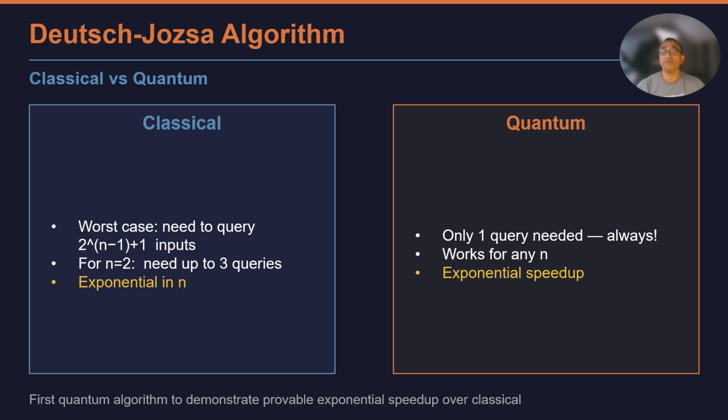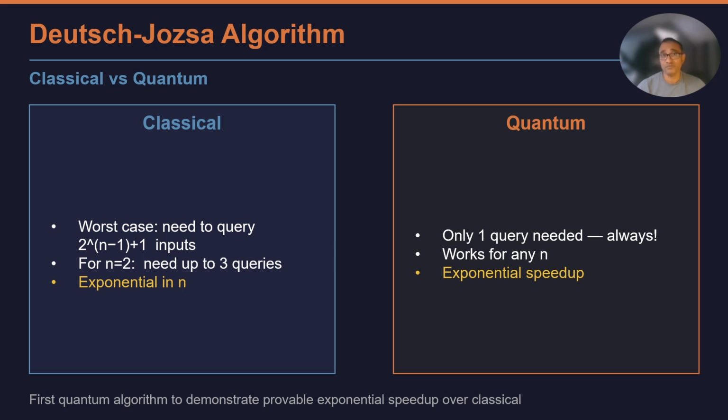So for 2 inputs, 3 queries in classical versus 1 query needed in quantum. If you expand this input-output scenario to hundreds of input parameters, you will see that the difference between 3 queries and 1 query makes a huge difference.